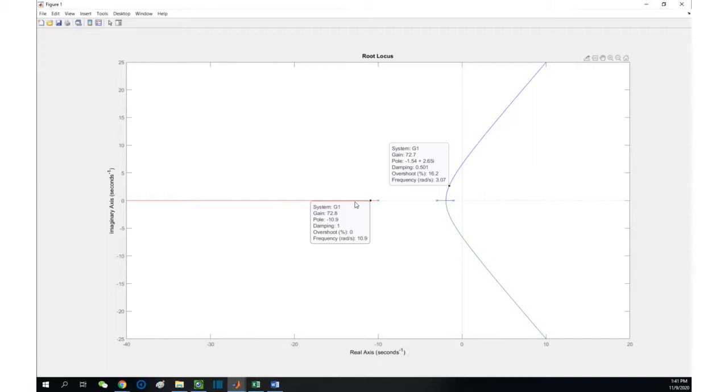Real poles mean the system is overdamped, right? That's why the damping ratio is 1. It's overdamped, actually.